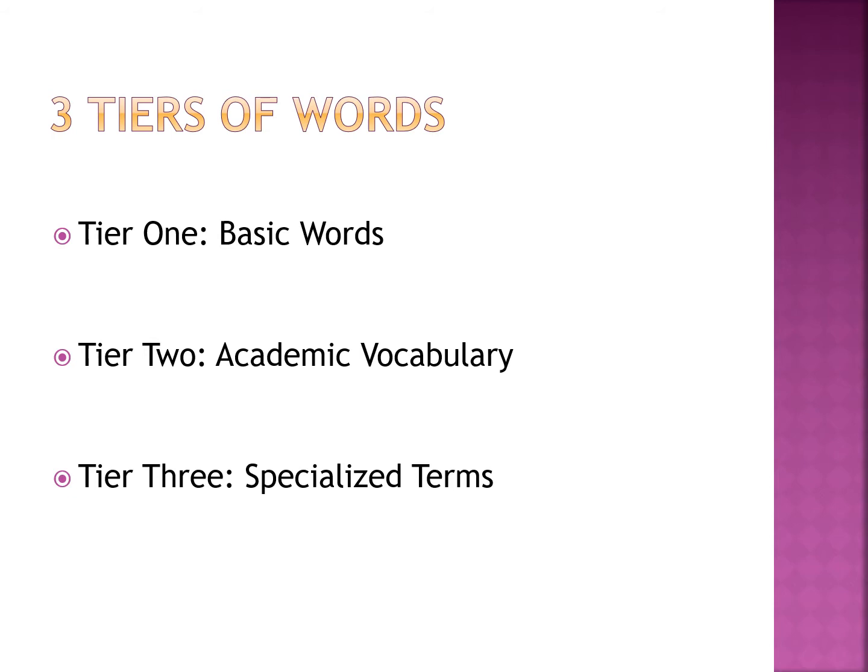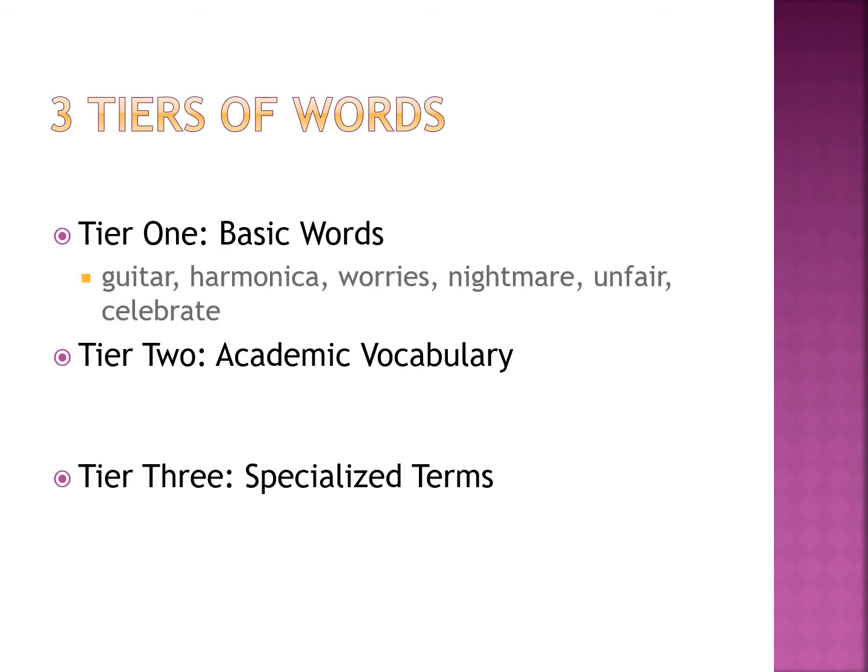So basically, we're talking about 3 tiers of words. Basic words, words that we need to know in our everyday conversation. Academic vocabulary, words that we need to know to understand academic vocabulary in a variety of content areas. And then specialized terms that are unique to your content area.